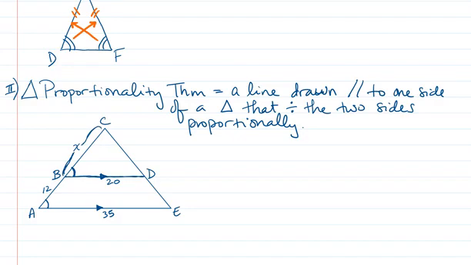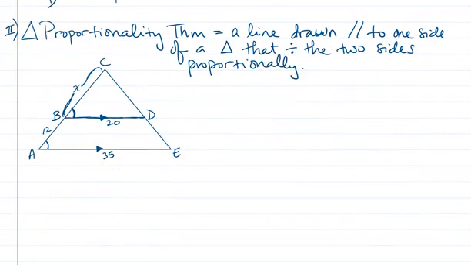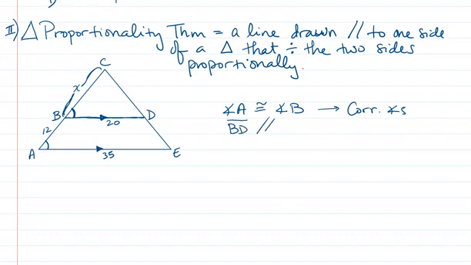So what do we know about this triangle? We do know that angle A is congruent to angle CBD, okay, which is by corresponding angles, all right? And we do know that segment BD is parallel to segment AE, okay, because this one's given, right, because it's been provided for you through the diagram.